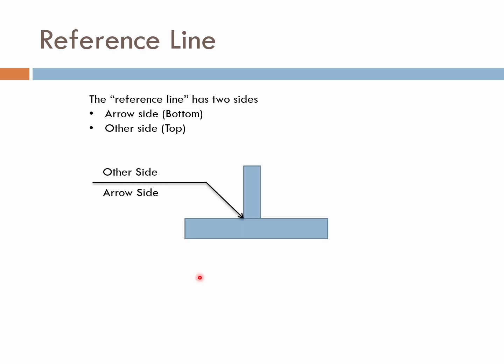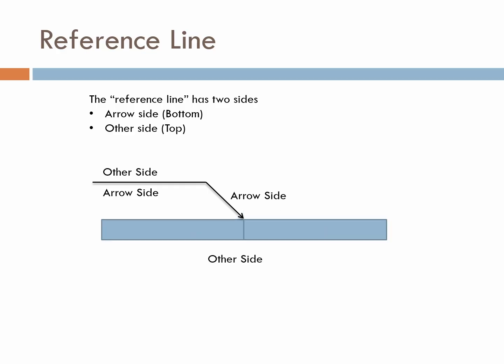Okay, reference line once again, arrow side, bottom, other side on top. So this is your arrow side here. This is your other side. If we have a butt weld or a V-groove or anything like that, arrow side over here, other side over here, arrow side, other side.